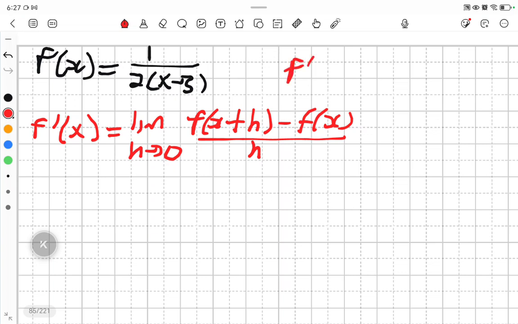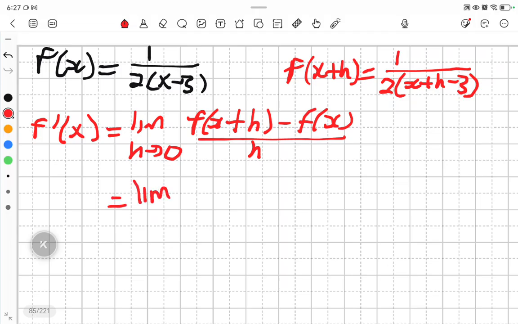So I can write f of x plus h, which will be, because wherever there's x, I'm going to replace it by x plus h, 1 over 2 times x plus h minus 3. Then I'll directly substitute here.